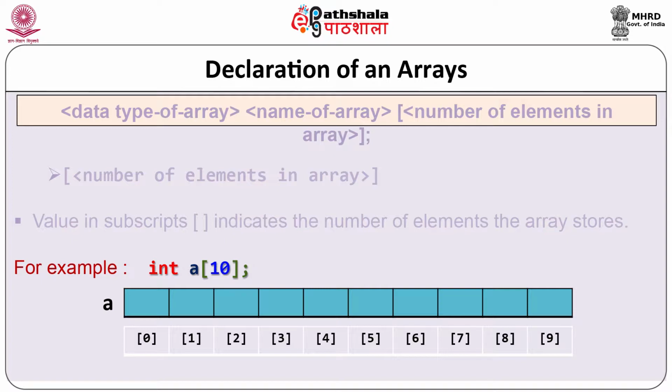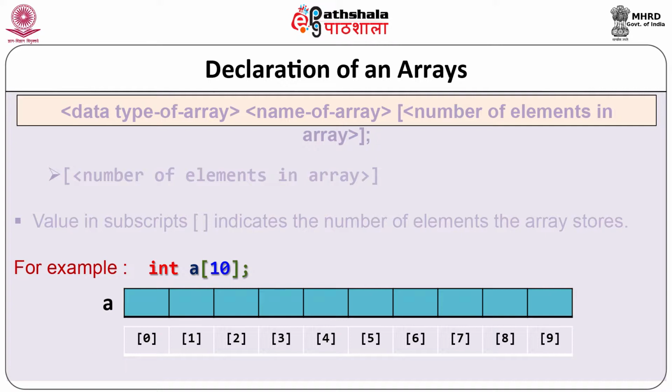In this slide you can see there are 10 different boxes or places used for the array: 0, 1, 2, 3, ..., 9. A[0] means the first element of the array, A[1] means the second element, and A[9] means the 10th element.